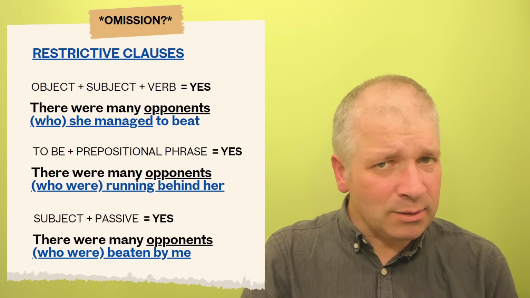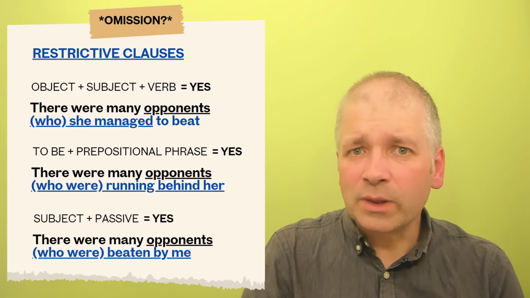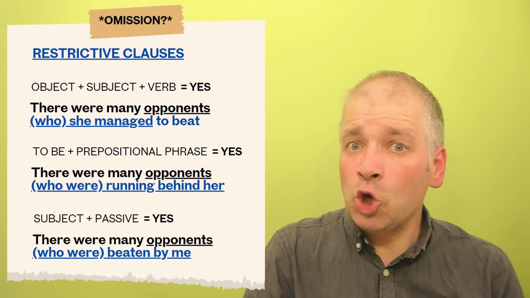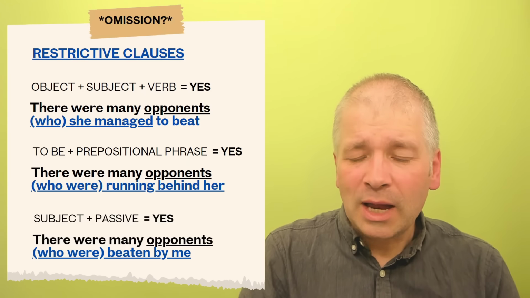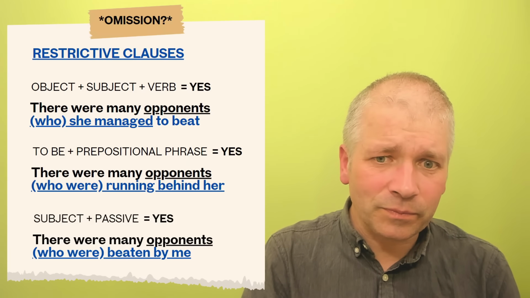Were beaten is a passive form. We have the verb to be followed by the past participle. Here we could use the full form. There were many opponents who were beaten by me, but we could also leave out who were and simply say there were many opponents beaten by me.